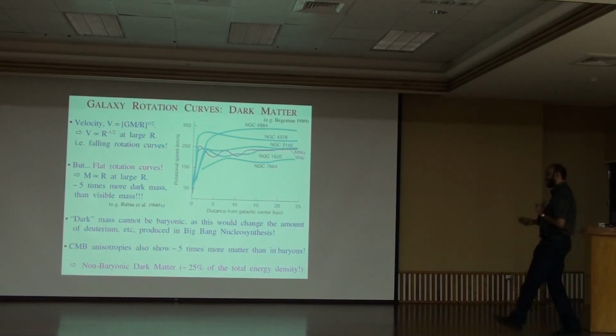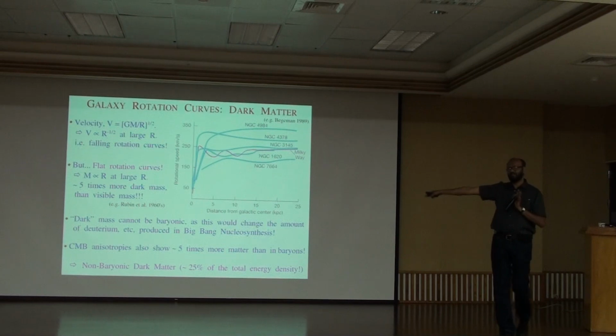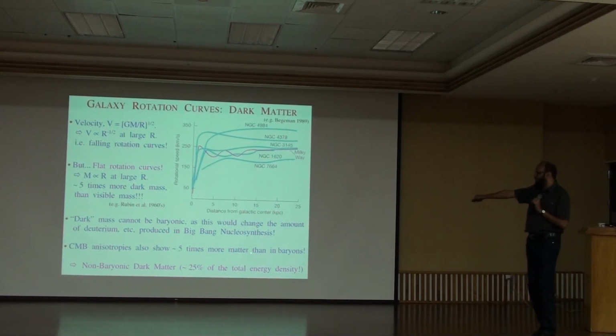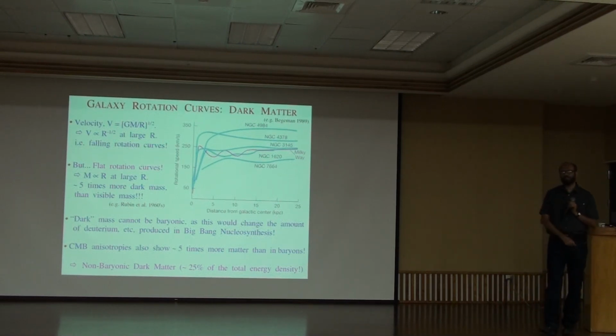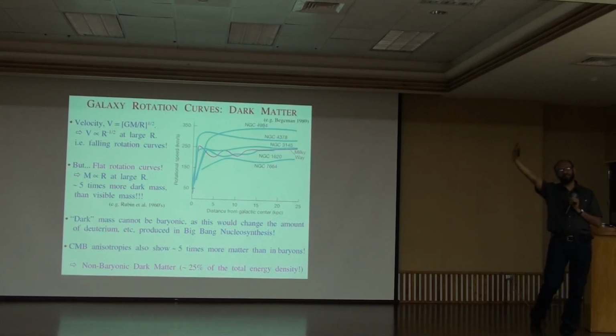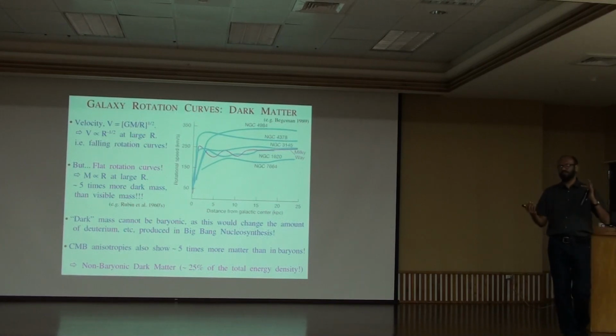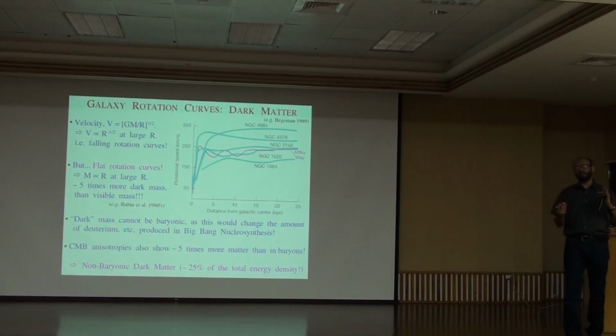And the wonderful thing is that the cosmic microwave background anisotropies, completely independent of this, also show 5 times more matter than in baryons. So this is one measurement, and there's a completely independent measurement which says the same thing. There has to be a second kind of matter which is not protons, electrons and neutrons, but which is non-baryonic.